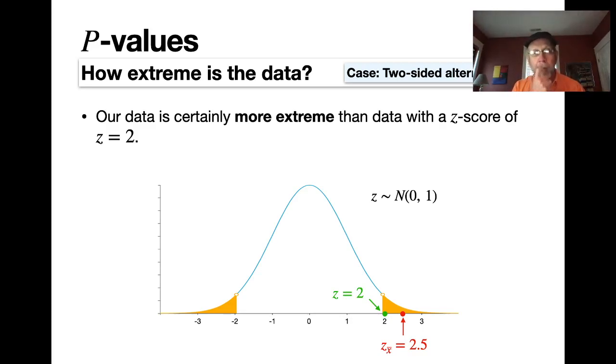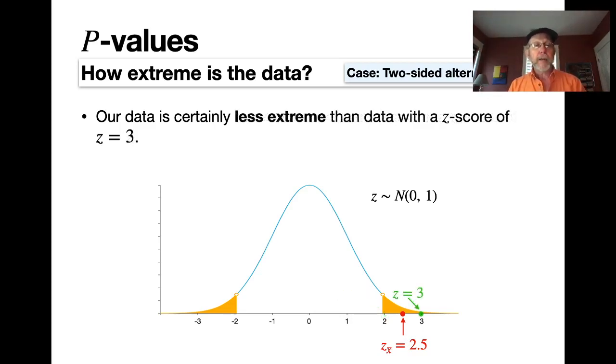So 2.5 would be a more extreme test statistic than 2. In the same way, 2.5 is a less extreme test statistic than a z-score of 3, because 3 is now further out in the tails than our z-score of 2.5.